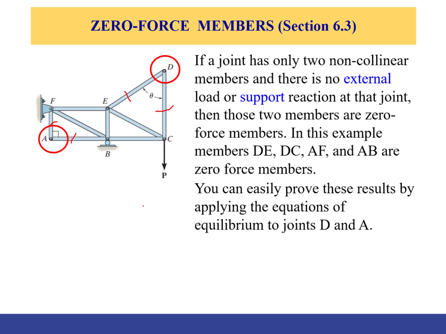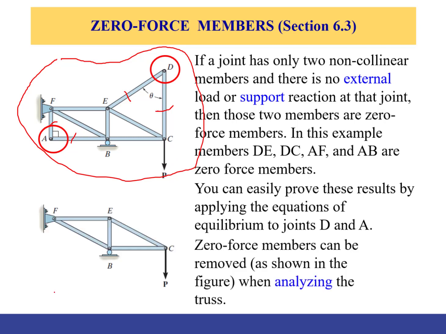So this entire problem, with this type of loading, which is conditional, you have to look into the loading, can be simplified to that truss, right? So it's sufficient to analyze that to compute the unknowns, and it becomes easier.